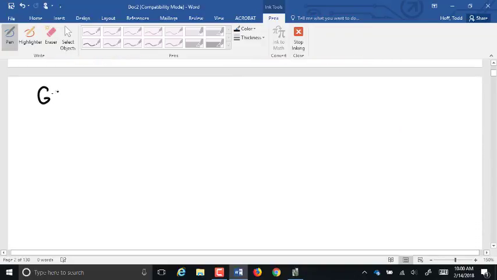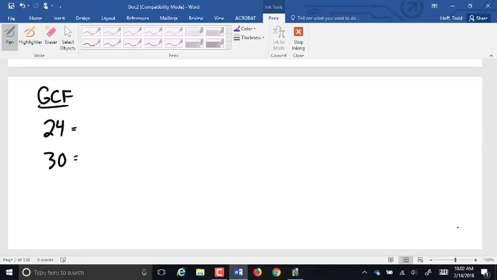In your notes, I'm going to have you see if you guys can find the greatest common factor of 24 and 30. I'll give you a second to do that. Is anybody having problems doing the factor tree and prime factoring? So that's the best place to start. No? Okay, good.